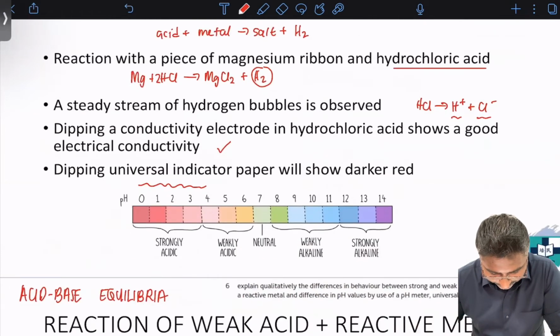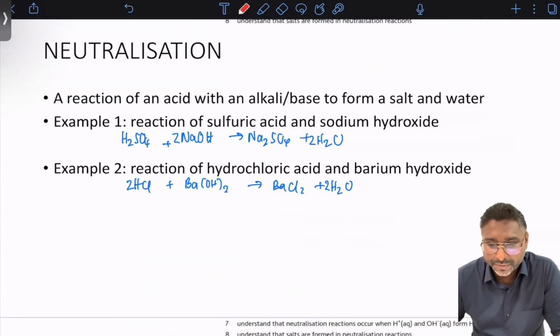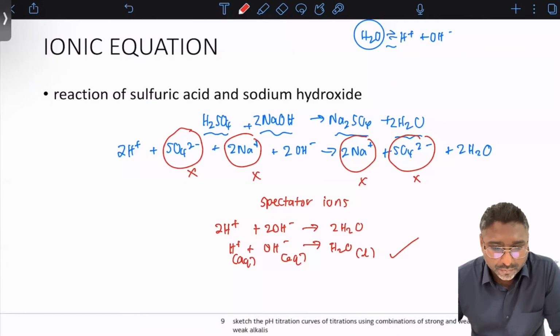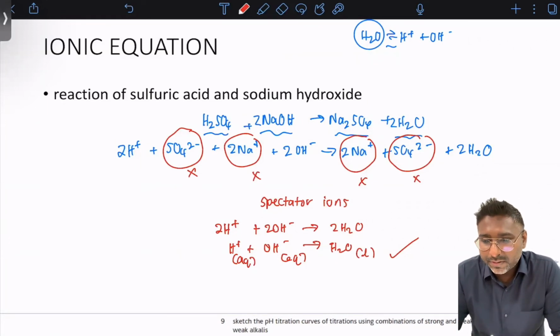I think this one is okay. Neutralization I've also done, then the ionic equation. So overall, whatever we have learned is not actually a big stuff. Even though it looks a bit difficult, it's not really very important.